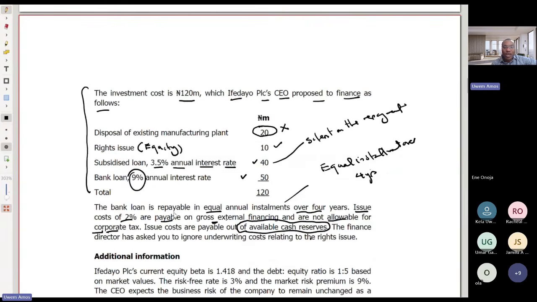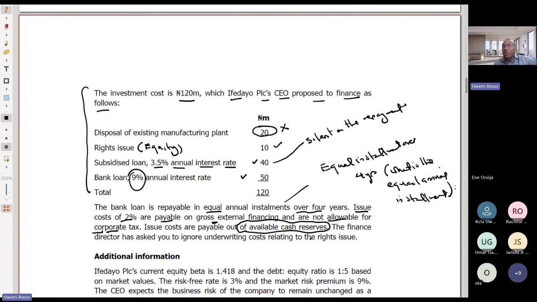The question tells us that the bank loan is payable in equal annual installments. So we need to begin by establishing what that annual installment is, because it will be made up of both the principal and the interest.